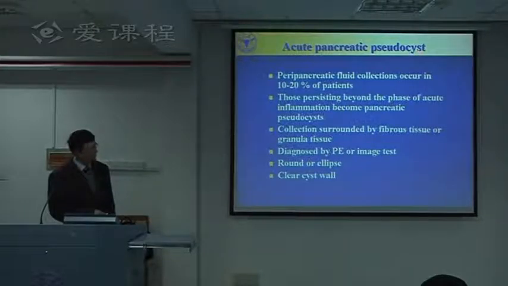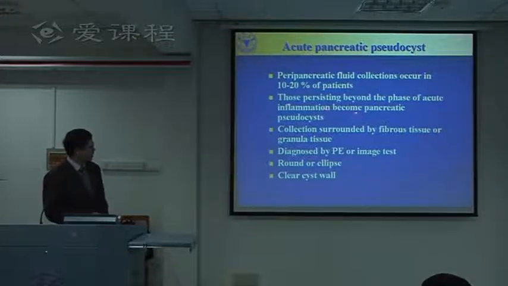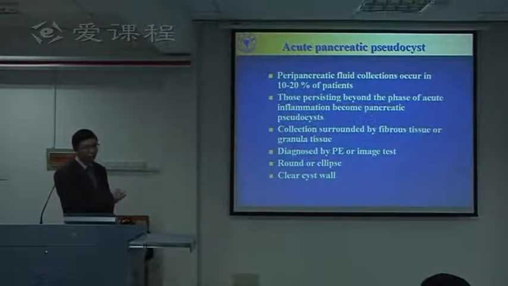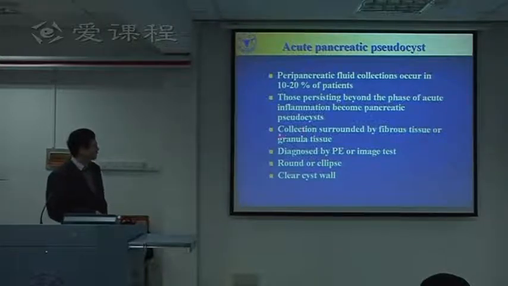This pseudocyst has no epithelium, so we just call it pseudo. It's not a real cyst. In fact, it is a collection, a fluid that came from the pancreas, surrounded by fibrous tissue or granular tissue.